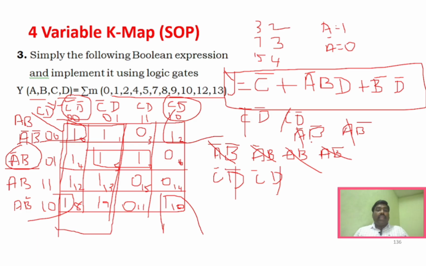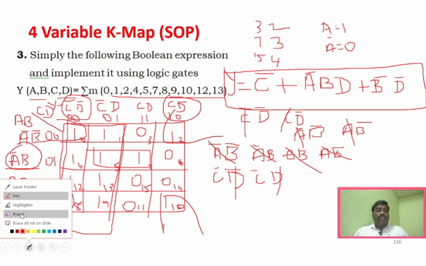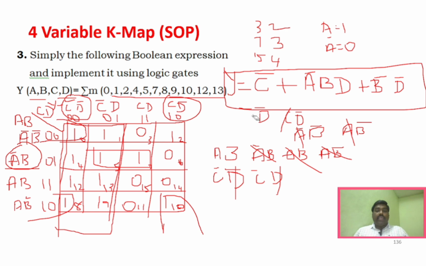So for this, what I have to do, I have to implement the logic gate. How will I implement the logic gate? It's the same as the previous problem, how we did it. I'll just draw the logic gates here so that you can understand.